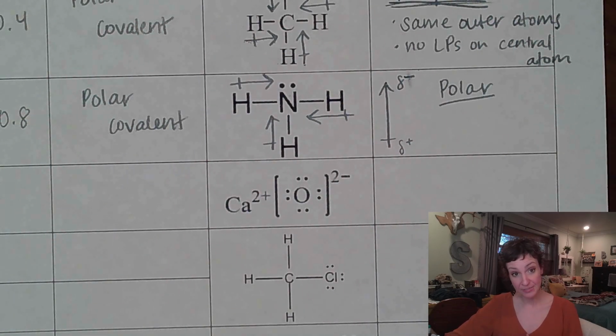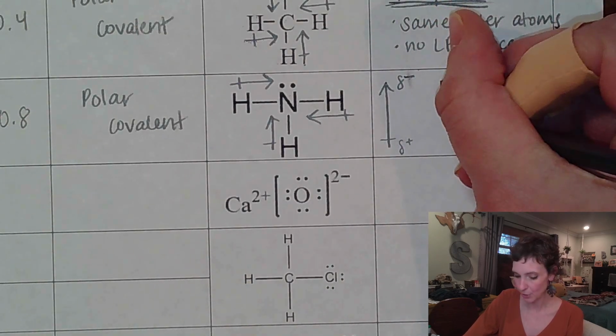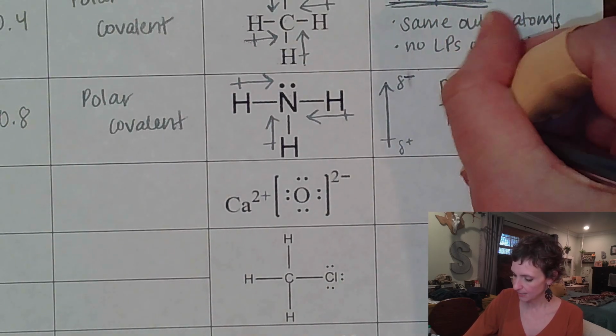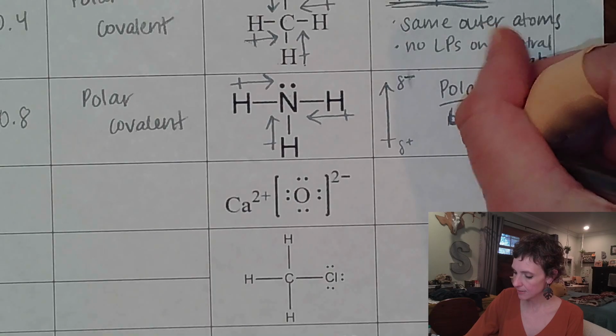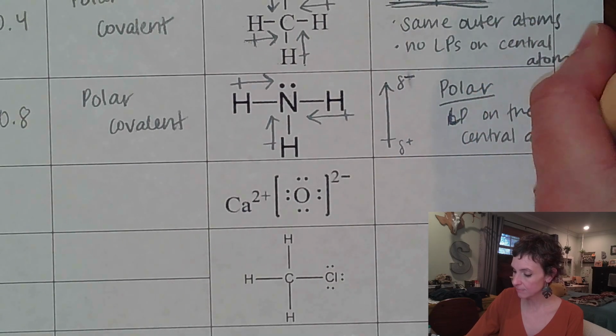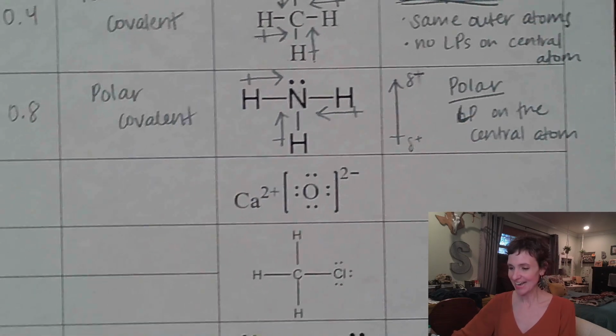Just looking at the Lewis dot structure, I can totally tell that this is going to be polar because I see lone pairs on the central atom. So, LP on the central atom. Yes, cool. All right, next one down.